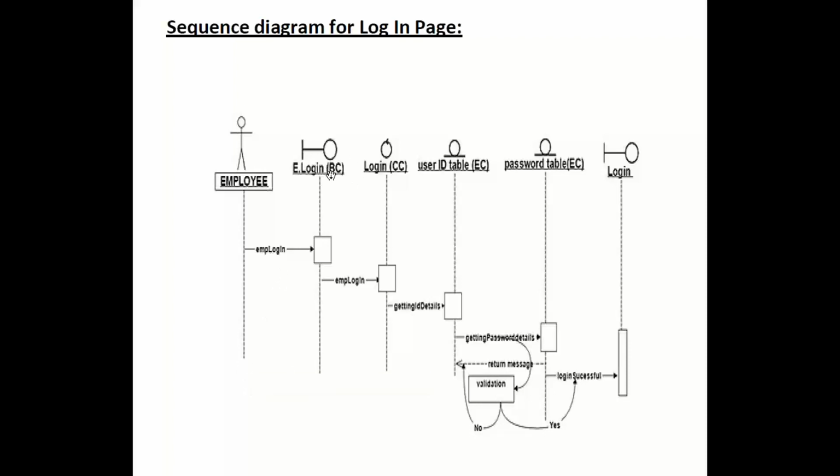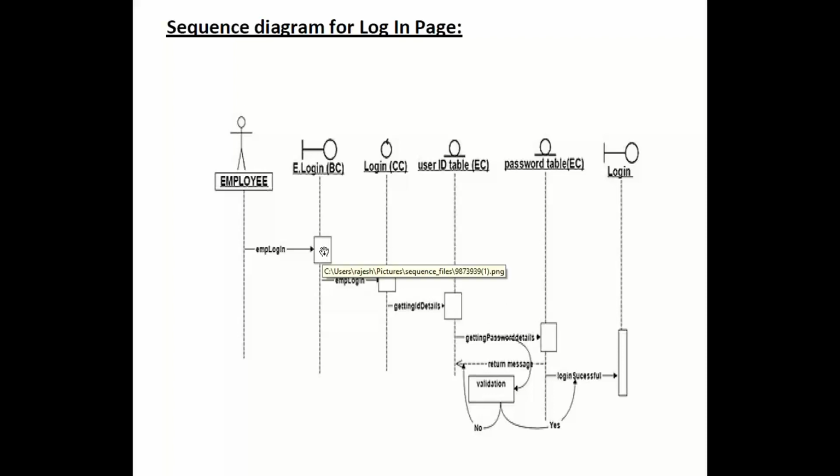Here is the business class. What does business class mean? It is the screen where you are going to enter user ID and password. The employee gives his username and password and clicks on the login button.